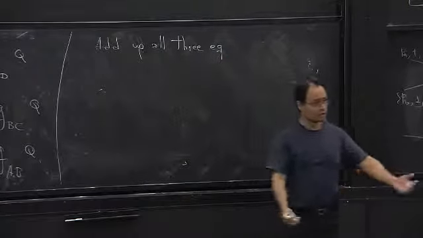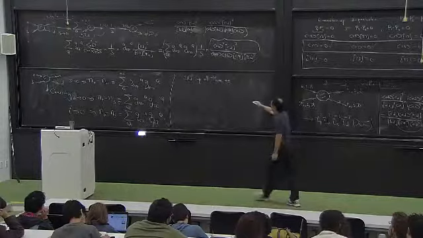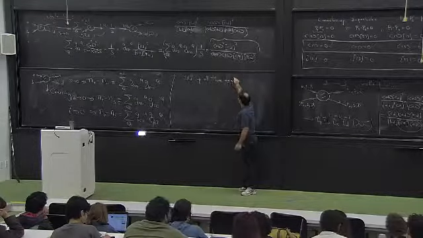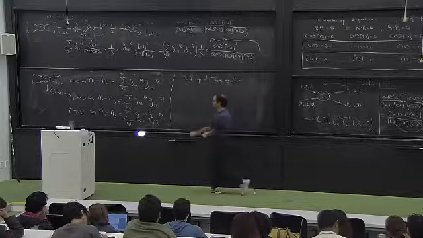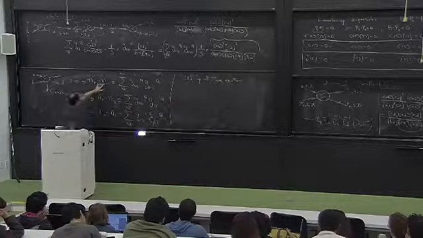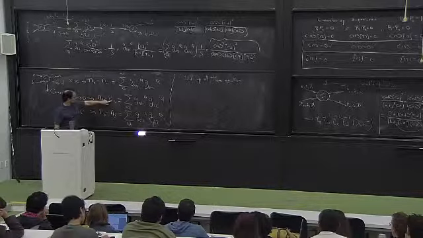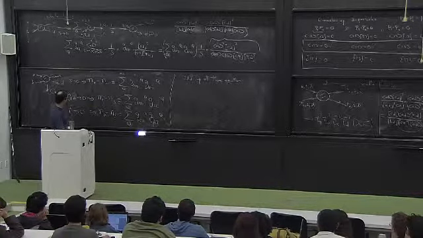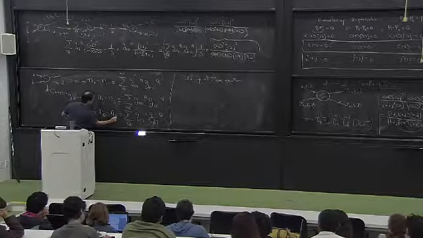well, in fact, it's good that we cannot fix everything, because there should be an overall constant. But add up all three equations, and you find that this guy, I told you the minus sign was going to be important, cancels this one. Cancels minus delta. So actually I copied it incorrectly.